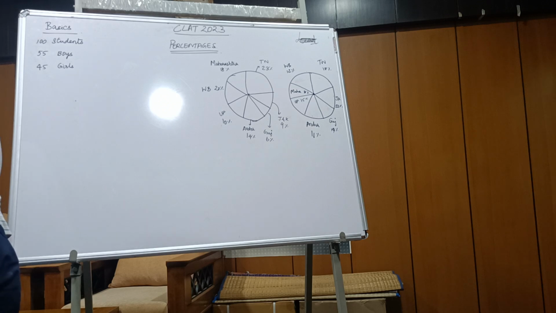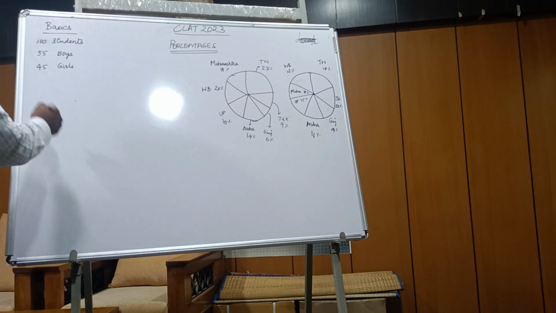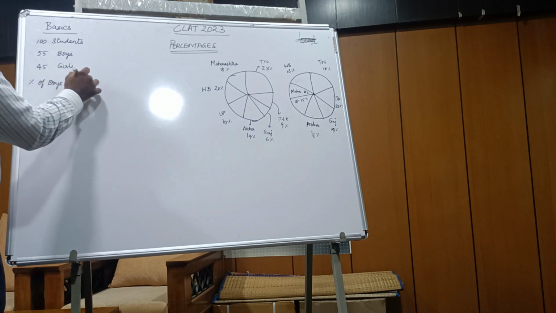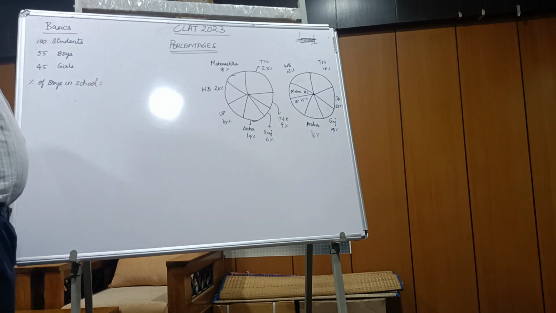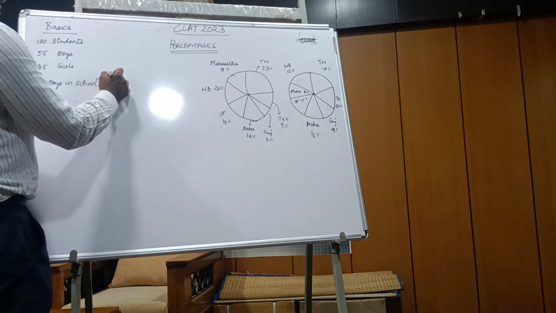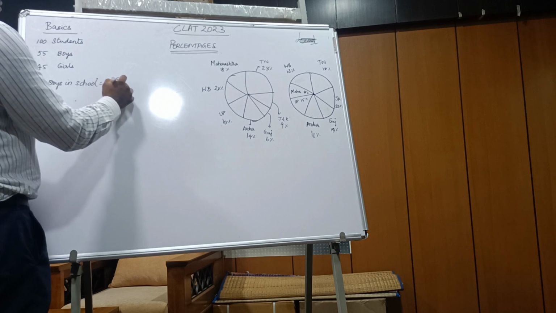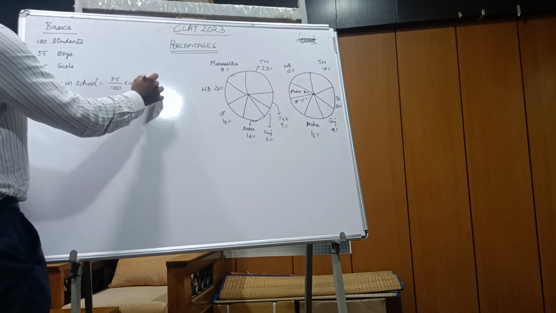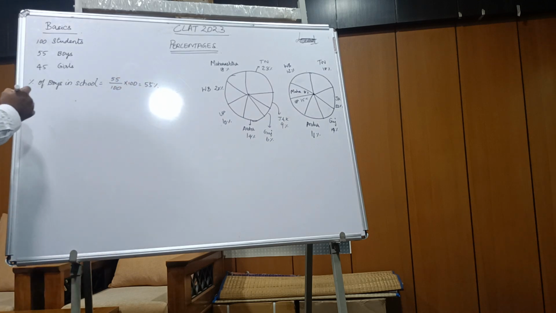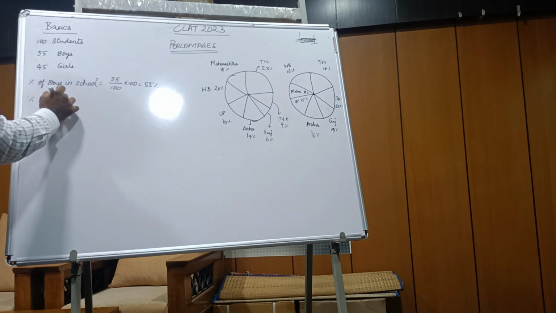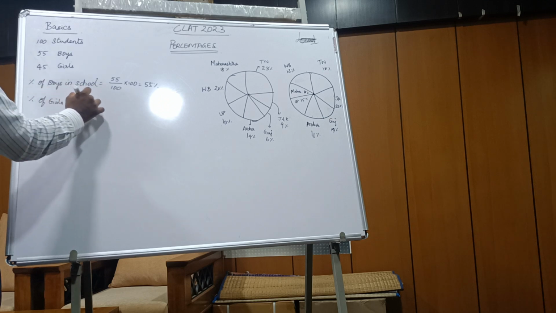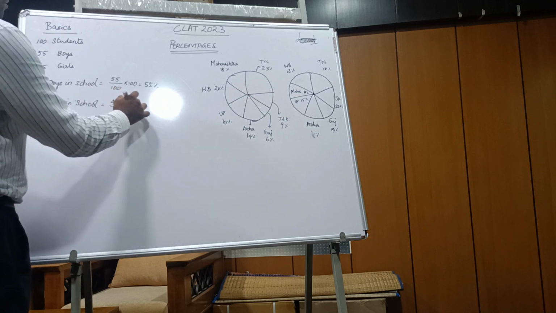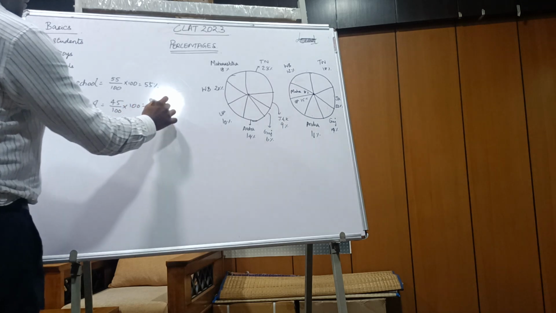If I have to express the percentage of boys in the school, I can say it is the actual number divided by the total strength of the school into 100, which is equal to 55 percent. Similarly, the percentage of girls is 45 divided by 100 into 100, which is equal to 45 percent.